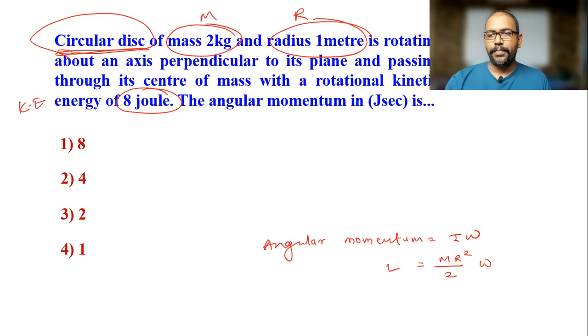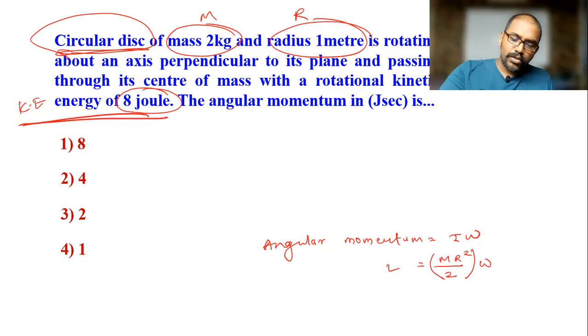So this is the formula. We can find the moment of inertia, but we cannot find omega directly. We require omega, which we can find from the kinetic energy. So I use the formula of kinetic energy, half I omega square. So 1 by 2, I is m r square by 2.